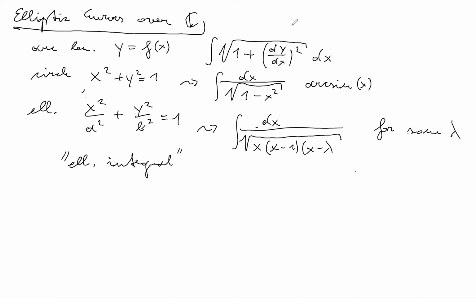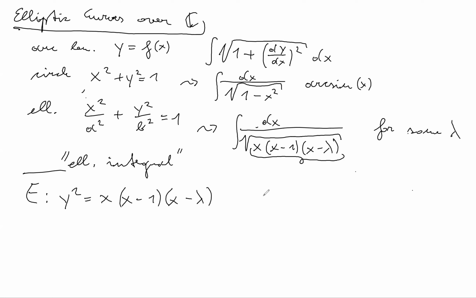Historically, people looked at these integrals, and this is where the names elliptic functions and elliptic curves come from. One thing we can already note is that if we look at this term here, then it's what we're used to when we look at an elliptic curve: the right side of a definition given in a certain form. So a different way to start this whole idea is, what if you look at the elliptic curve y squared equals x times x minus 1 times x minus lambda?